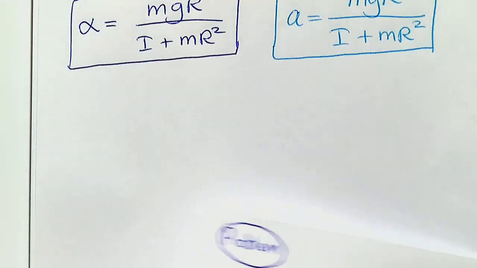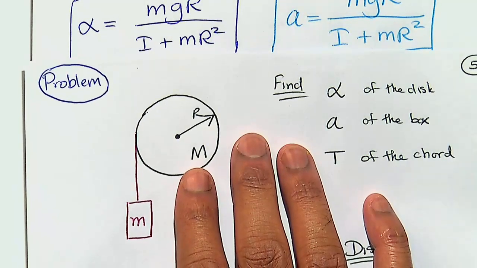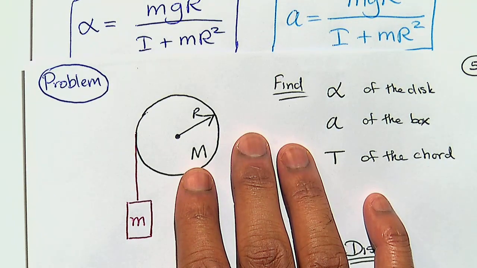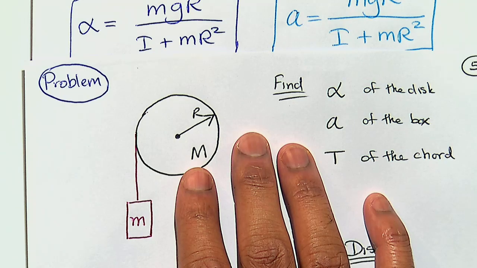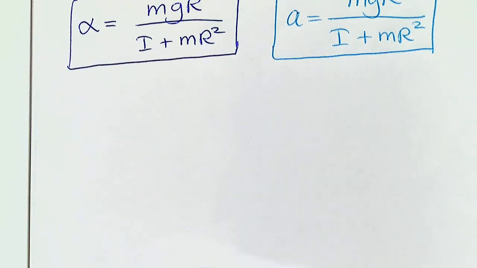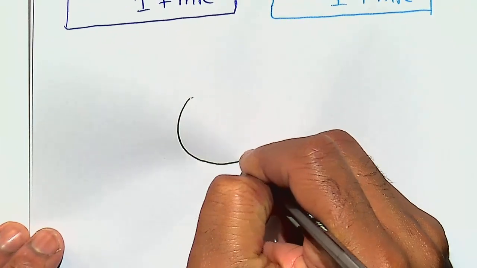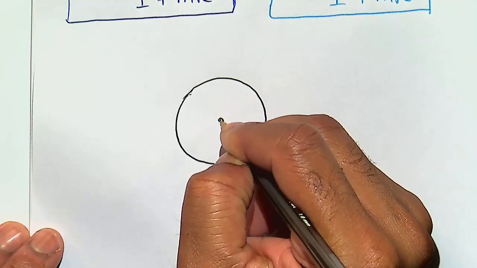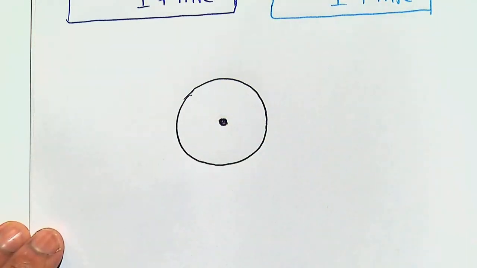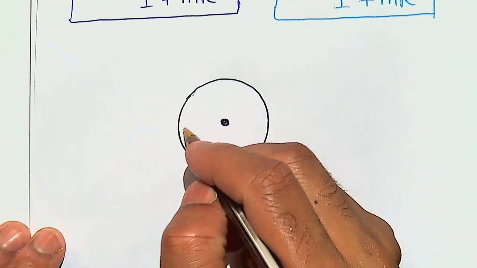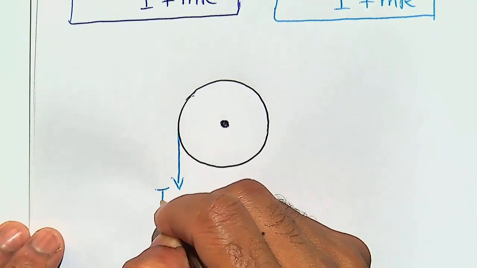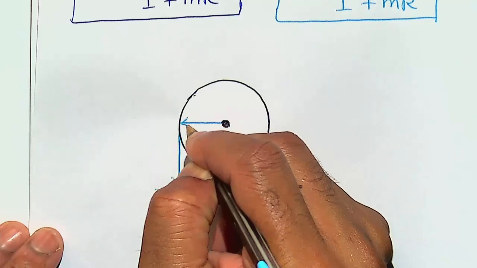So if you have a case, let's take this example and think about how you would set this up. Let's take this and add a force to it. So let's say we have this disk, and we know about the tension. So this is this way, and that makes the R that.